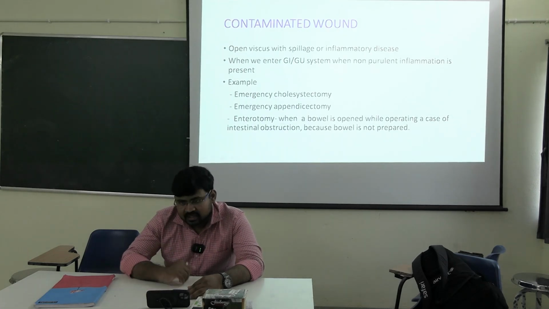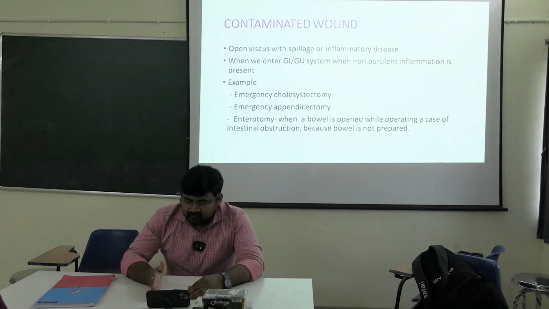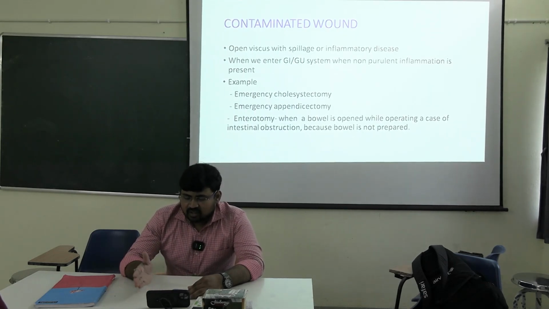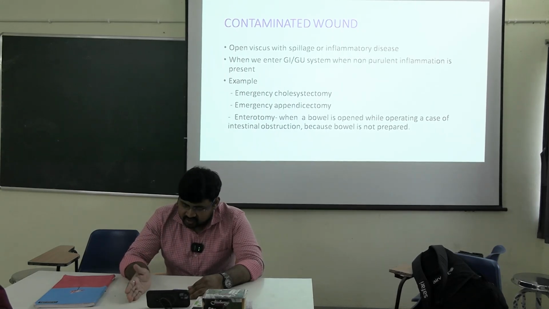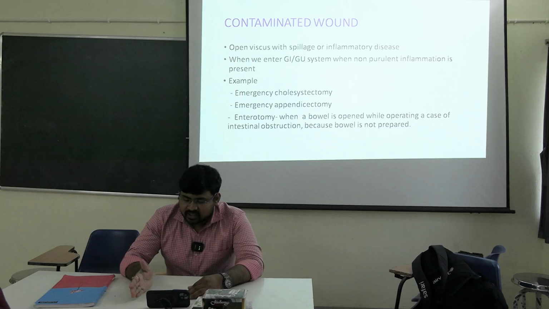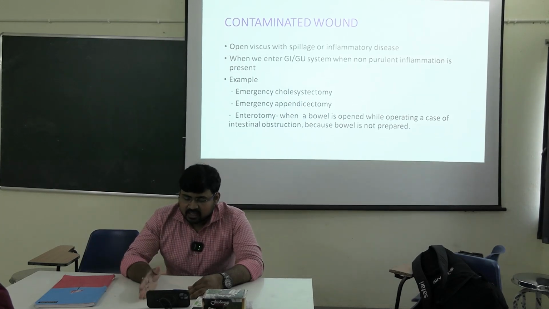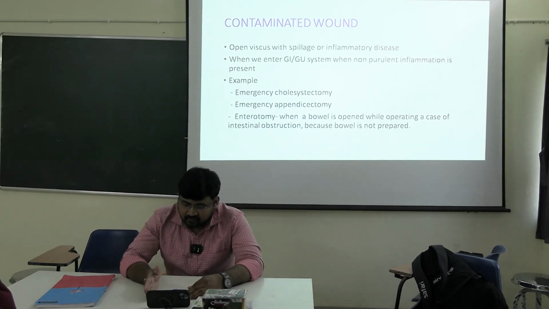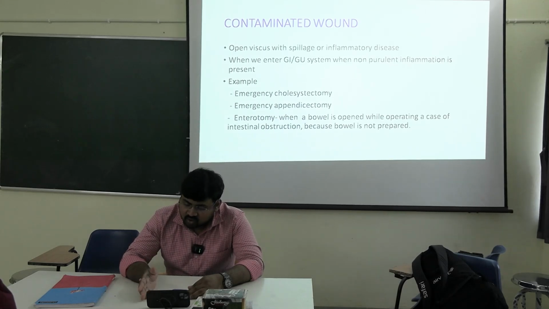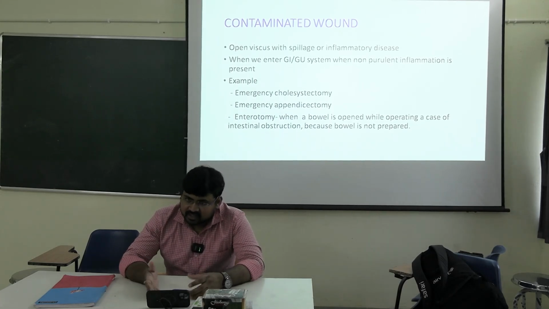Now coming to the contaminated wound: open viscus with spillage or inflammatory diseases. When we enter the GI or genitourinary system, when non-purulent inflammation is present. For example, emergency cholecystectomy, emergency appendectomy, enterotomy.